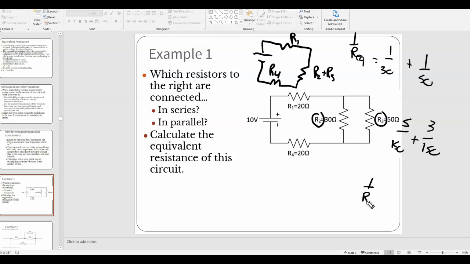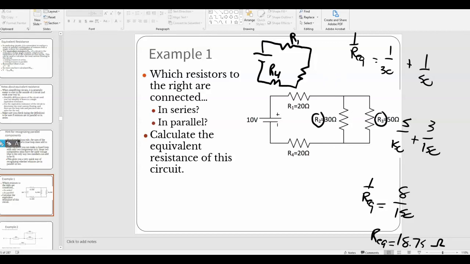Okay, and so 1 over REQ would be equal to 8 over 150. And so REQ would be, if I flip this, 150 divided by 8, I get 18.75 ohms.